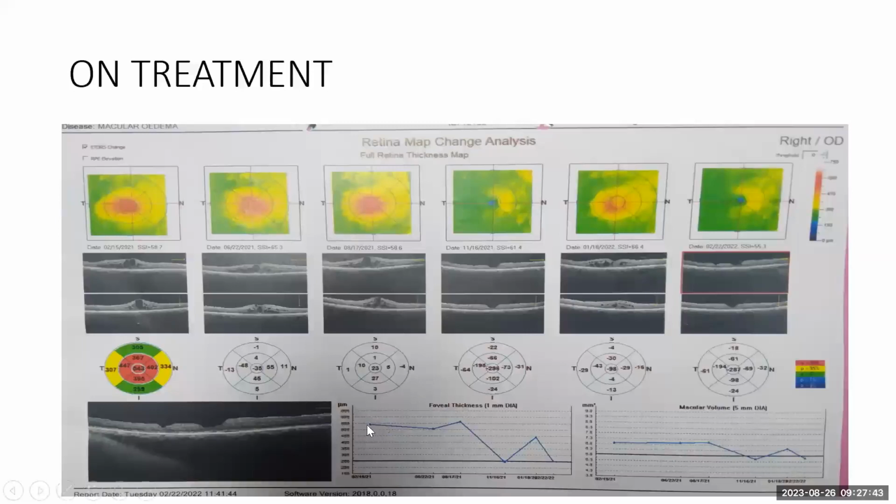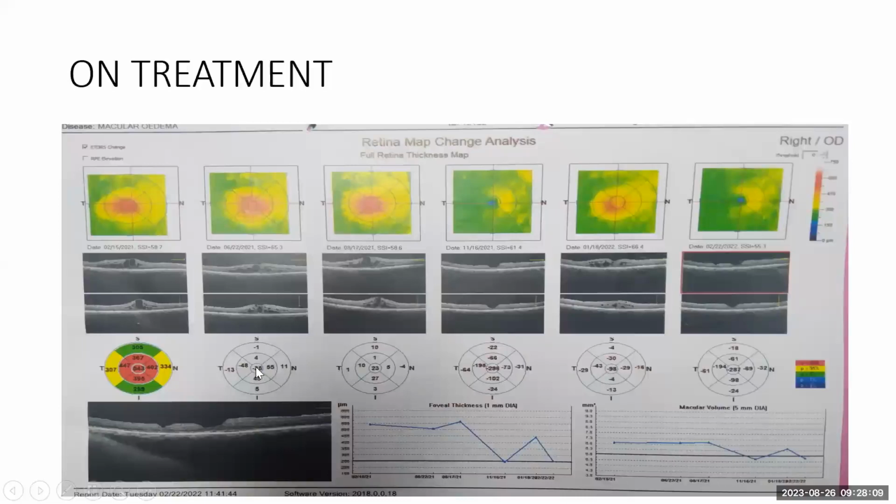This was the foveal thickness at this point, the first one. When it was checked again, it has reduced, so the map went downwards. By the time this patient presented again around August, this was June, skip July, presented in August, the foveal thickness had increased.